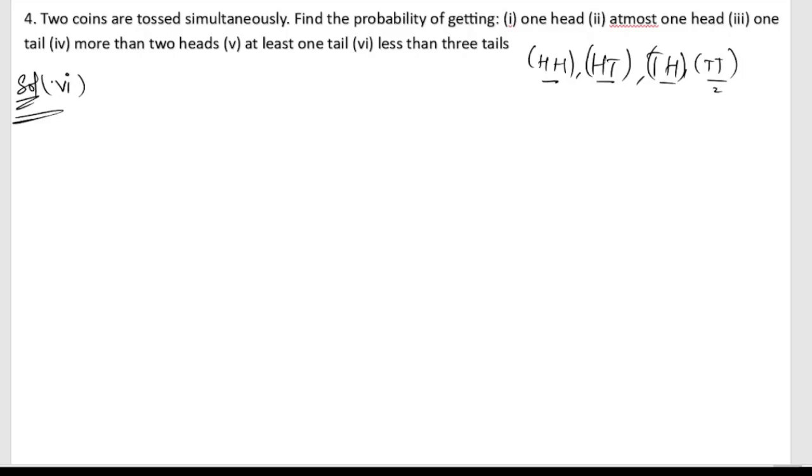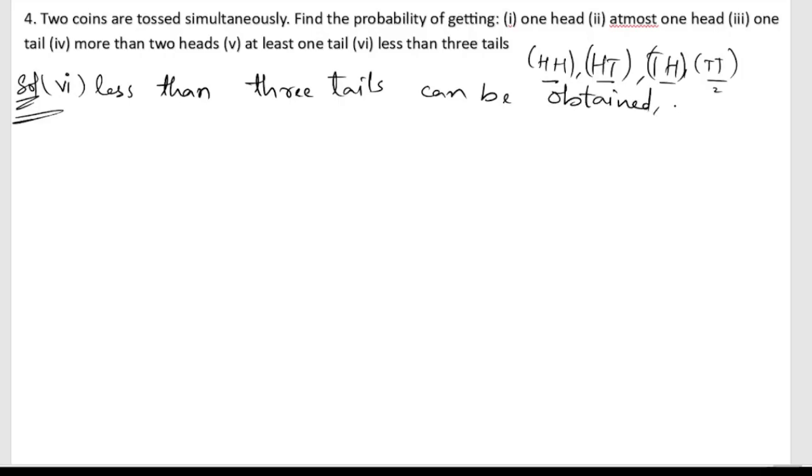So we can write down less than 3 tails can be obtained. When can we obtain this?